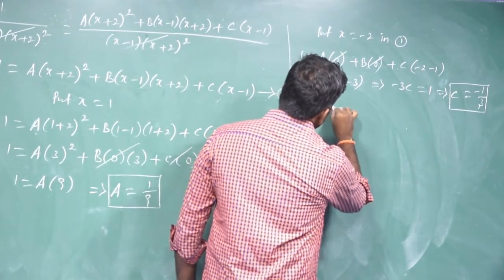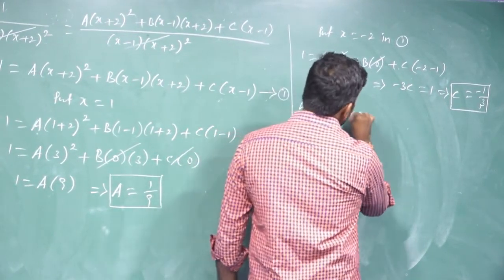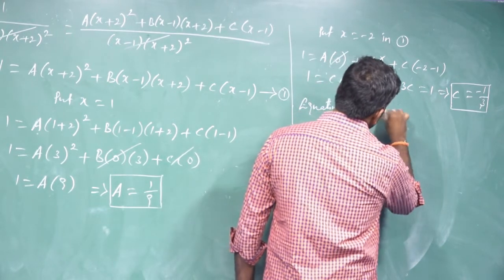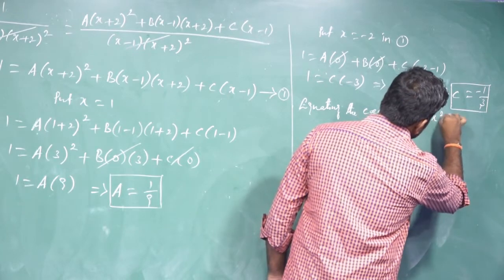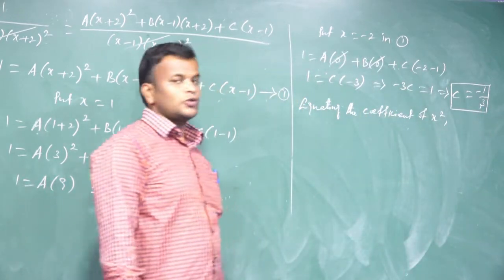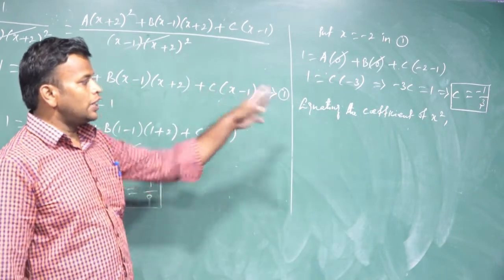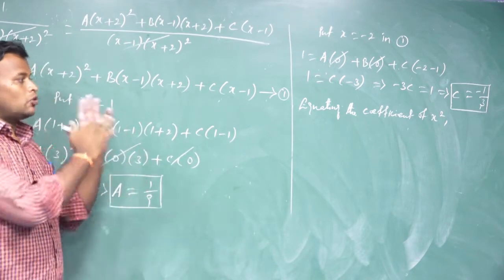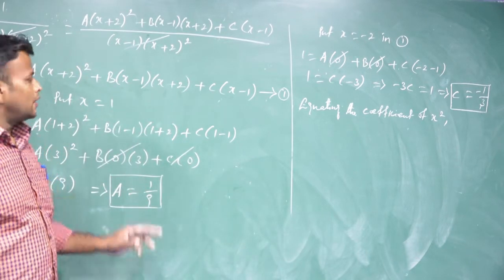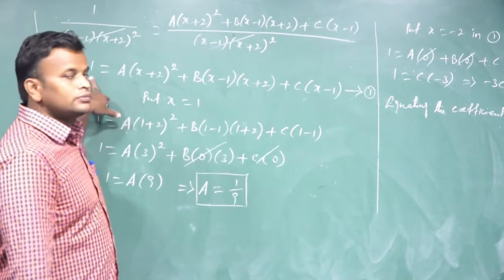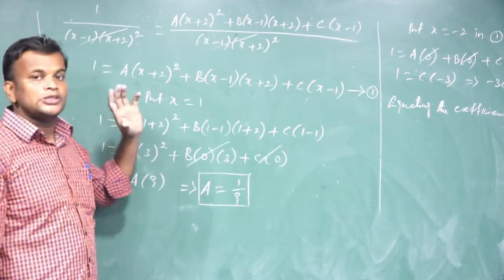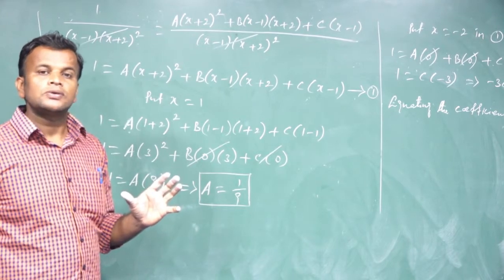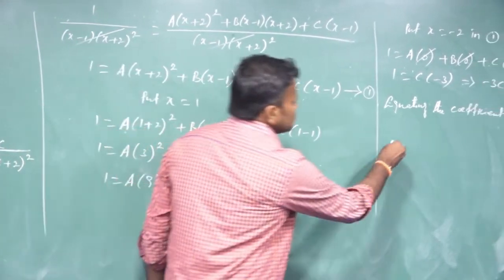Now we equate the coefficient of x square. Okay, we equate the coefficient of x square in both LHS and RHS. In LHS, what is the value? Just 1. There is no x square term, so the coefficient of x square is nil, so 0.